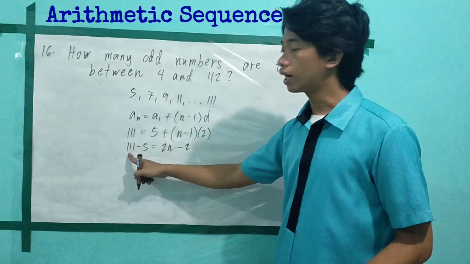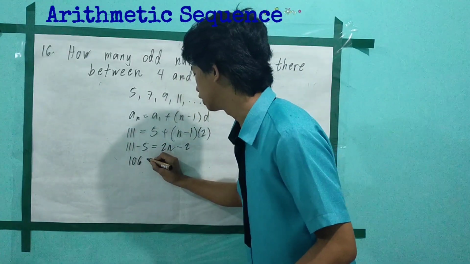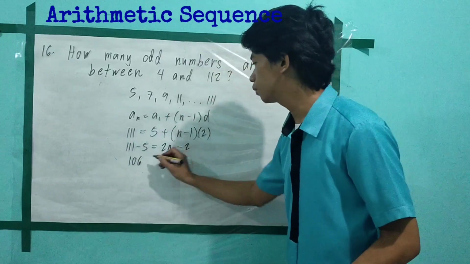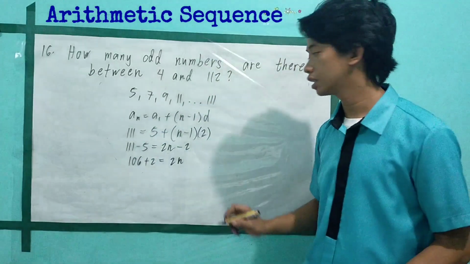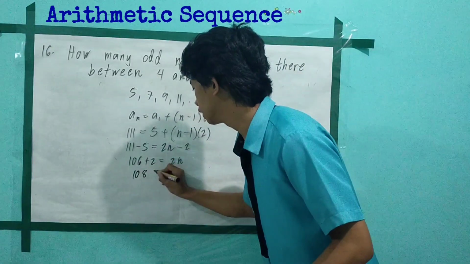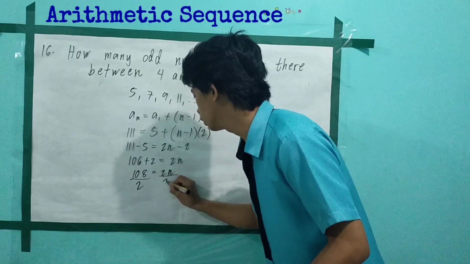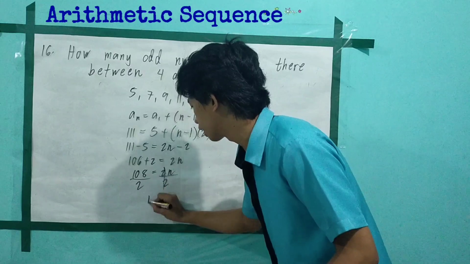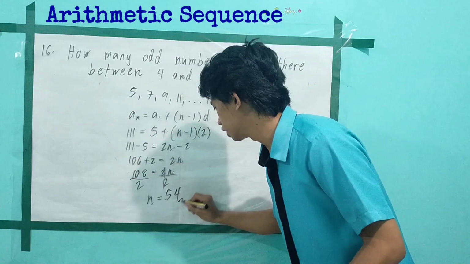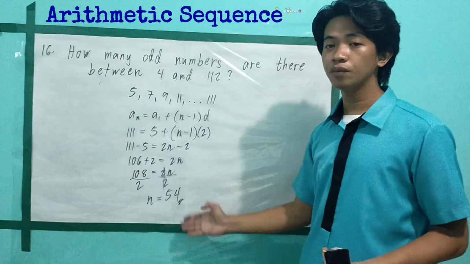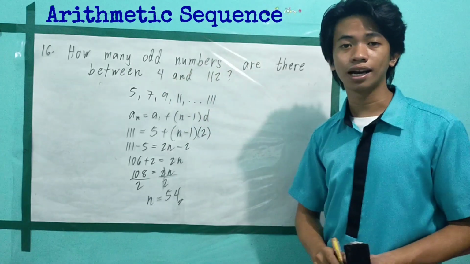So 111 minus 5, we have 106. Using APE again, negative 2 plus 2 is equal to 2n. Okay? So 108 is equal to 2n. Divide both sides by 2. And variable n now is equal to 54. It means that there are 54 terms, odd number, between 4 and 112.